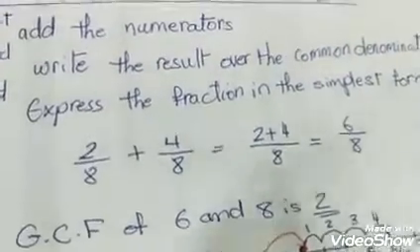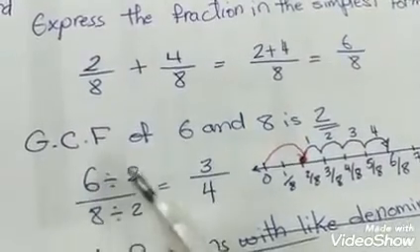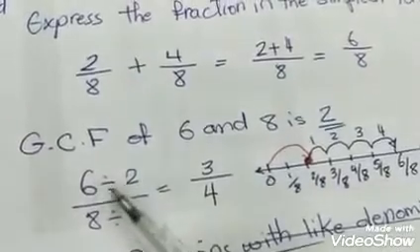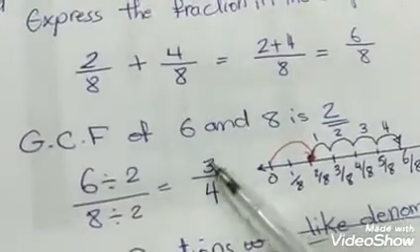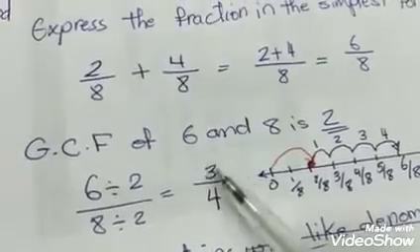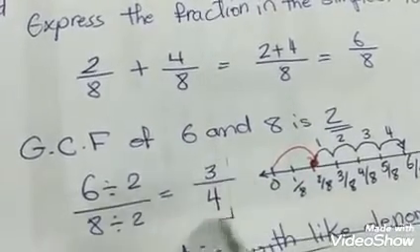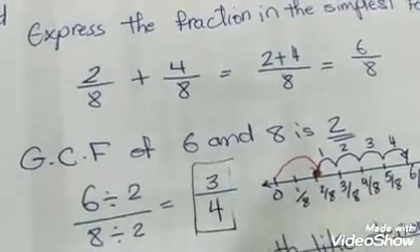So I have to divide the numerator and the denominator by 2 to have the simplest form. 6 divided by 2 equals 3, 8 divided by 2 equals 4. 3 is a prime number and 4 cannot be divided by 3. So this is the simplest form of my sum.